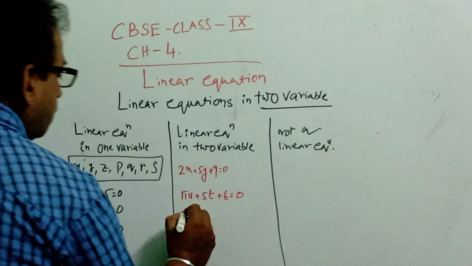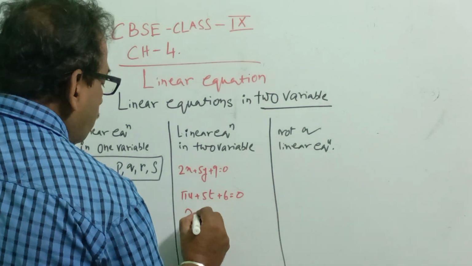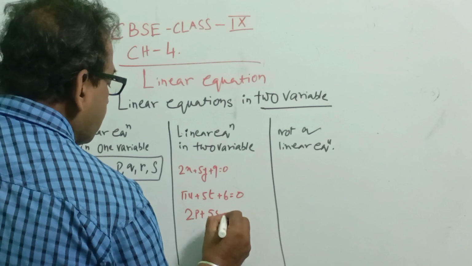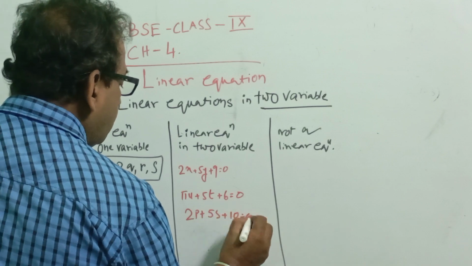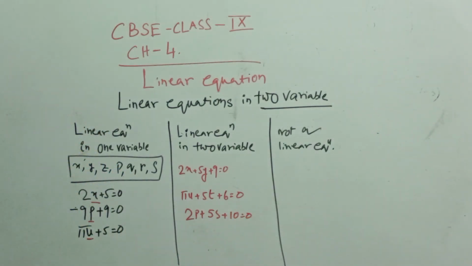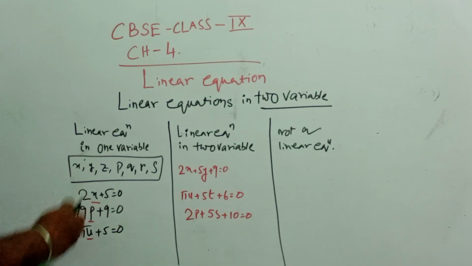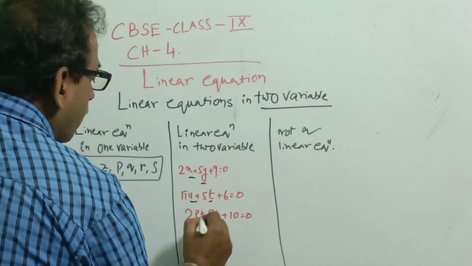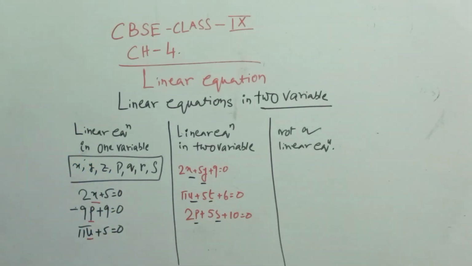It may be 2p plus 5s plus 10 is equal to 0. Now you see that these are the one variables and these are the two variables. Is it clear?